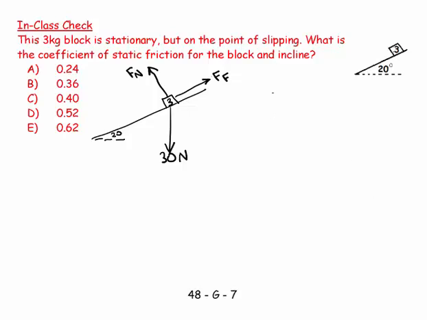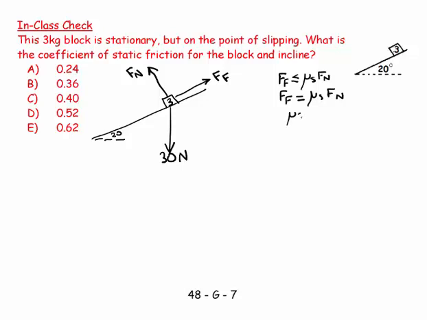And I say, how can I find the coefficient of static friction? I say Ff is less than or equal to mu static times Fn, and it's on the point of slipping, so Ff is equal to mu static times Fn when you're on the point of slipping.